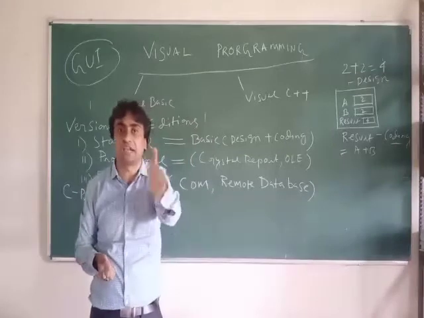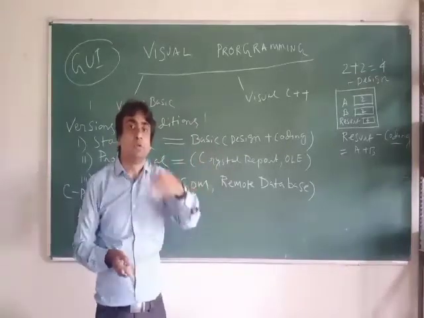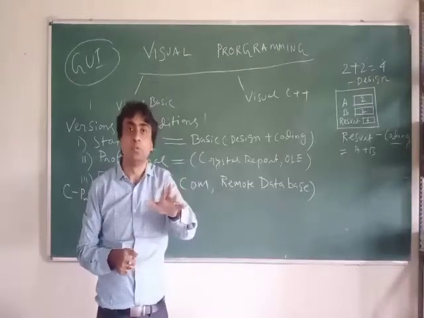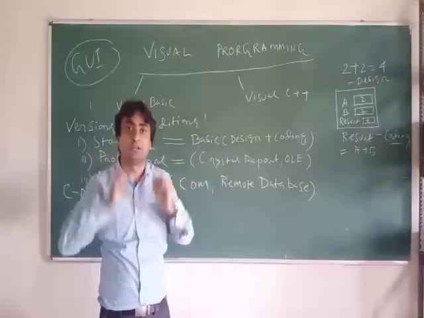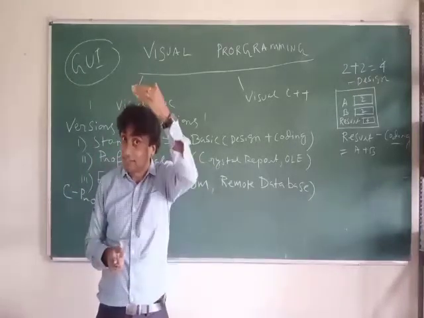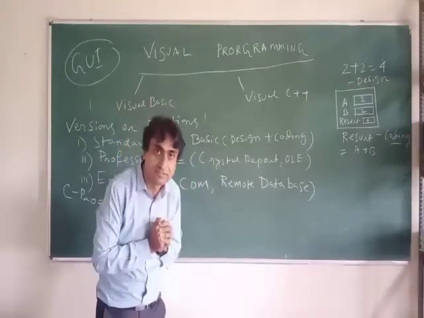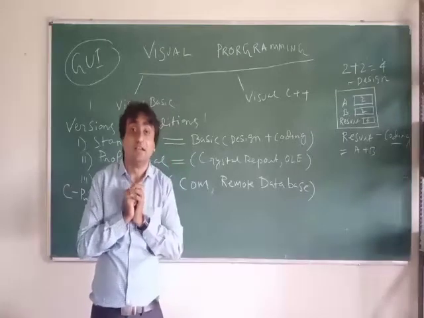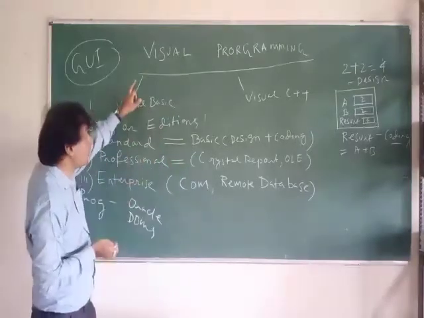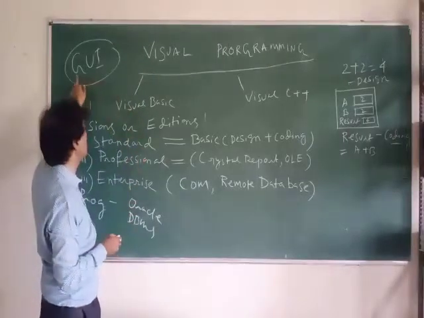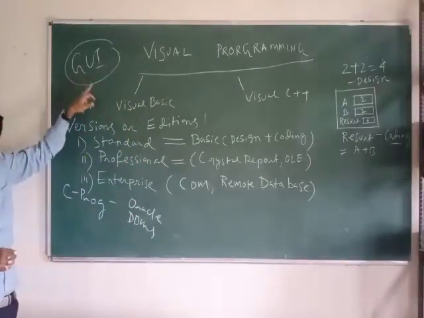The user can chat, make a video call, create a group, whatever it is. But see, the icon itself is creating that interface. That's why the word visual is coming, which is nothing but GUI, graphical user interface.